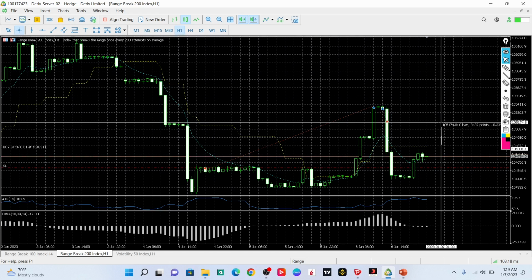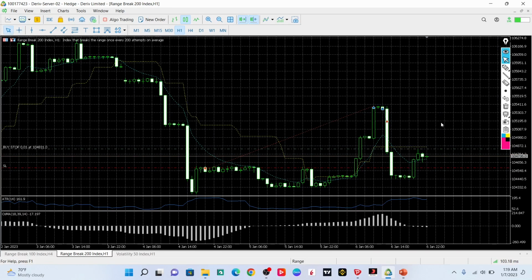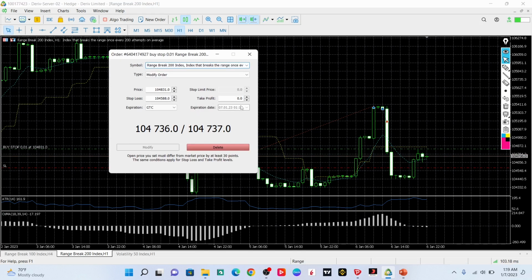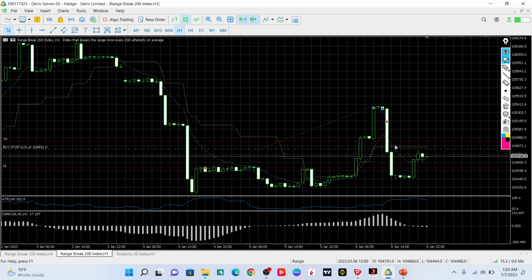In most cases it is difficult for this stop loss to be hit, and the take profit is going to be twice the ATR. So you can simply place it around there and then modify it. If you're using resistance and support, or the ATR, it will be 2 times the ATR, around there.